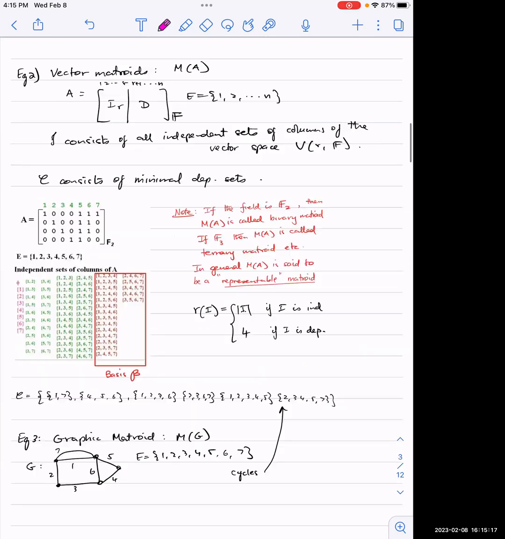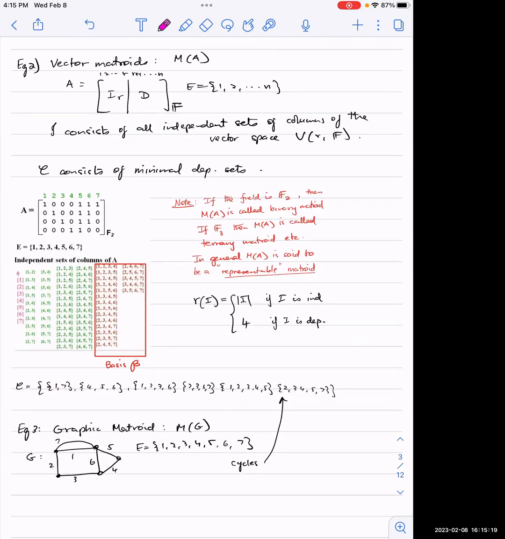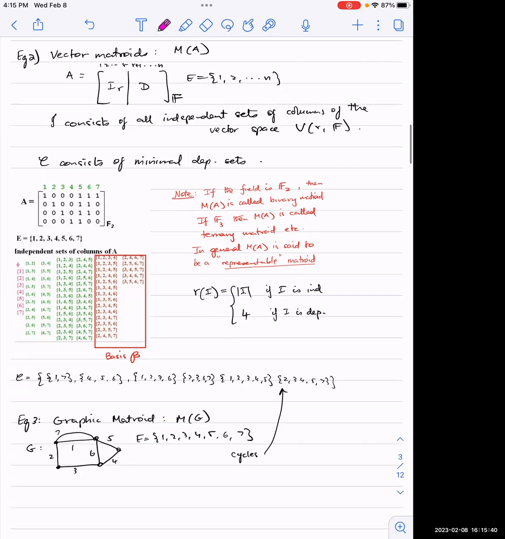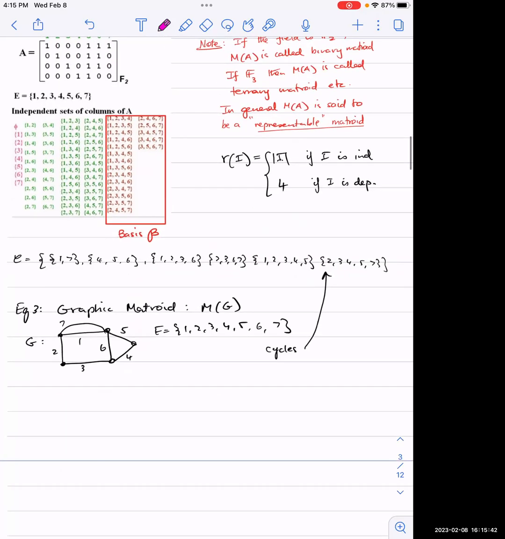And then, of course, we have our examples 2 and 3 of vector matroids that we did on the first day. That's a matrix, and then I is the set of all independent sets of columns of the vector space. So E is the column labels, and C is the minimally dependent sets. This is the exact same example that you've seen twice, and this is the graphic matroid.